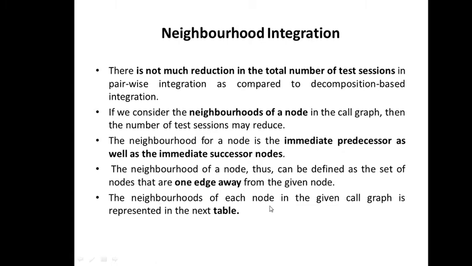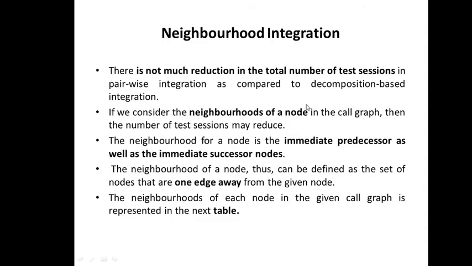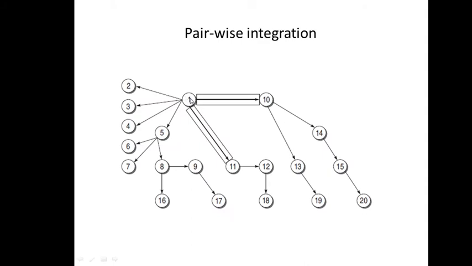The neighborhoods of each node in the given call graph are represented in the table. We can see the first was the initial or the source node, so there was no predecessor to it, while successors are many: 2, 3, 4, 5, 10 and 11, right? So 1's predecessor is none, this is the starting node, while successors are 2, 3, 4, 5, 10 and 11.